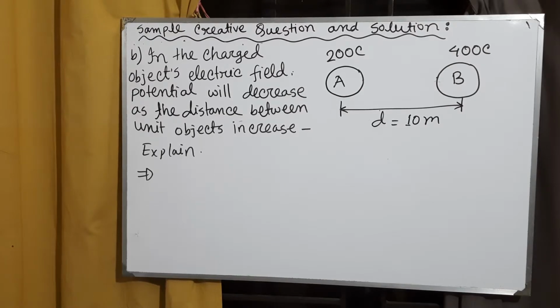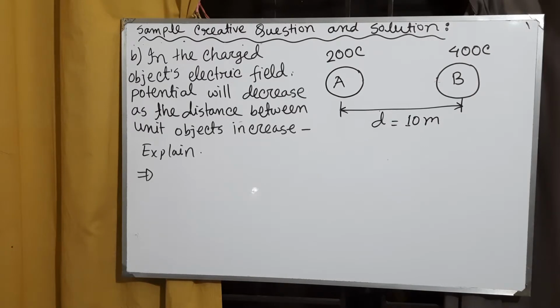As the unit objects go further, their distance increases and so the potential decreases. So, in a charged object's electric field, potential will decrease as the distance between unit objects increases.